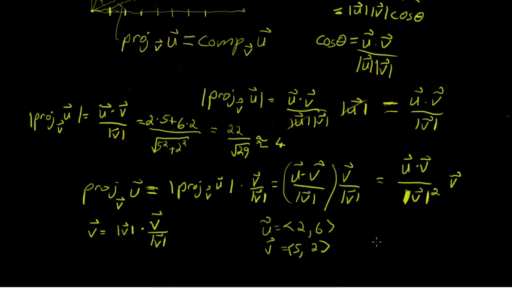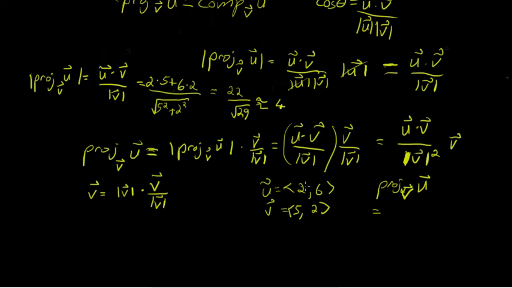And here we're projecting u onto v. That's going to equal, again, 2 times 5 plus 6 times 2. So 10 plus 12 is 22.